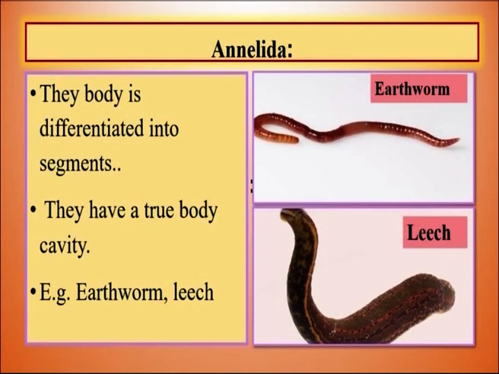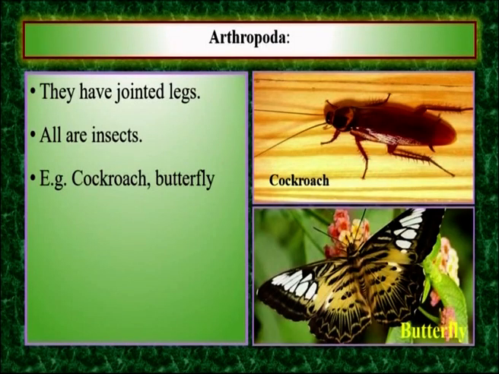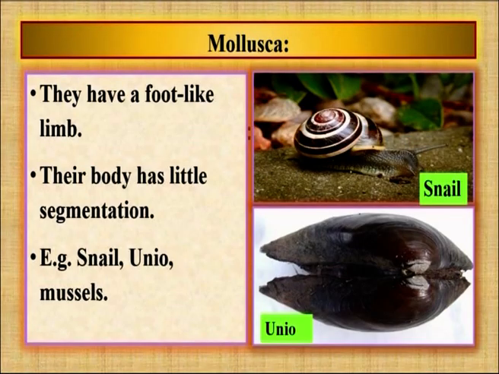Annelida, the body is differentiated into segments. They have a true body cavity. Examples, earthworm and leech. Arthropoda, the phylum Arthropoda consists of insects. They have jointed legs. Examples, cockroach and butterfly. Mollusca, when we look at the characteristic features of mollusca organisms, they have a foot-like limb. Their body has little segmentation.